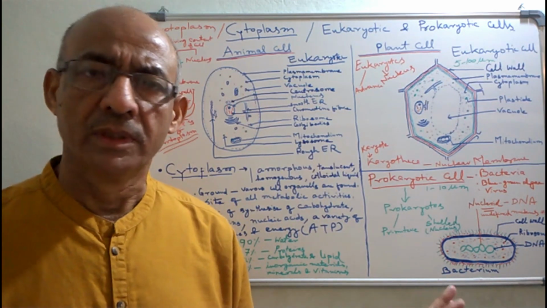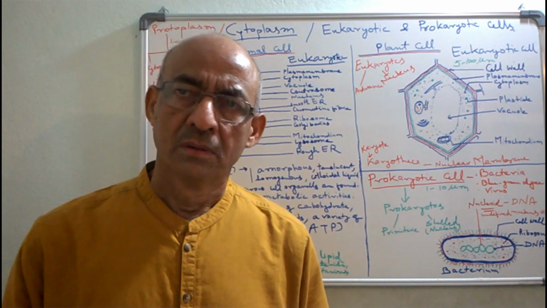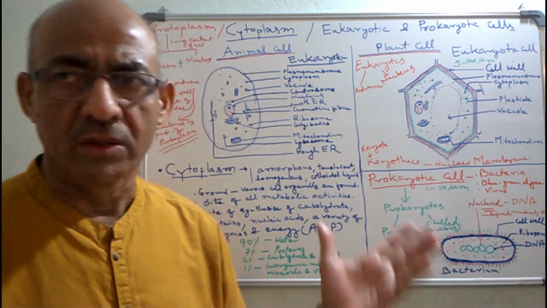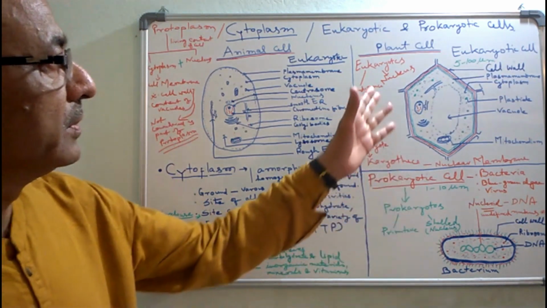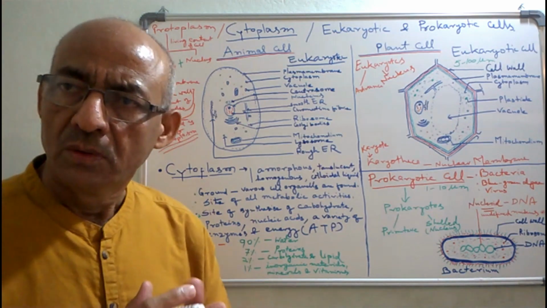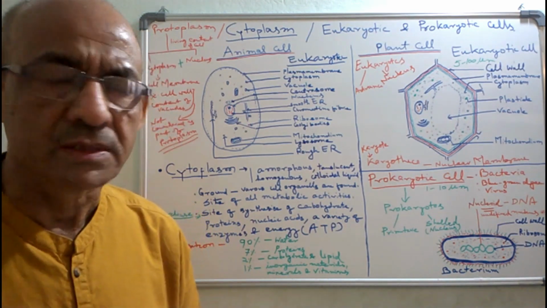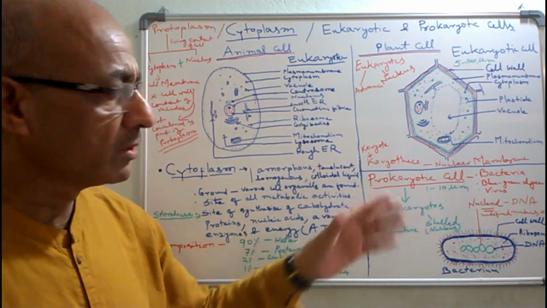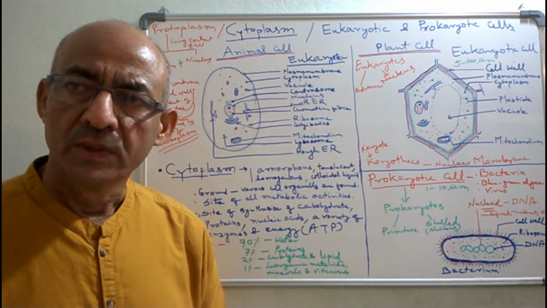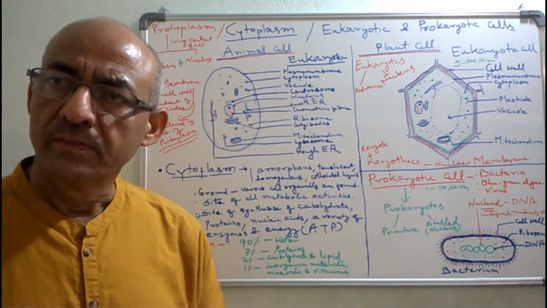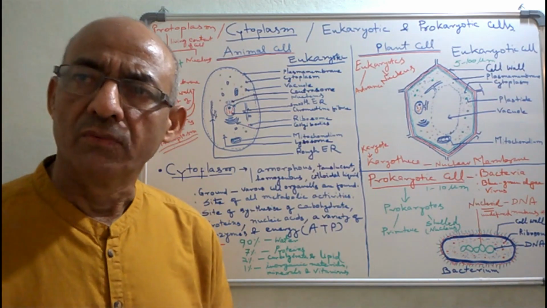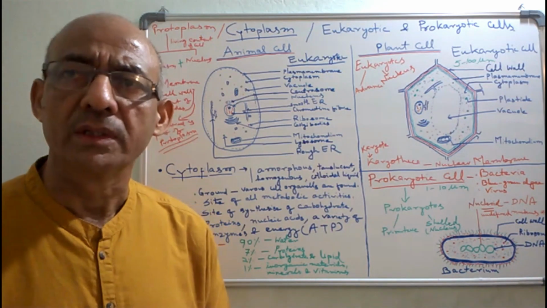Now we have discussed prokaryotes, prokaryotic cells and eukaryotes, eukaryotic cells. Now we will recall the differences between the prokaryotic cell and eukaryotic cells. Prokaryotic cells are those cells which do not have a well-defined membrane-bound nucleus.